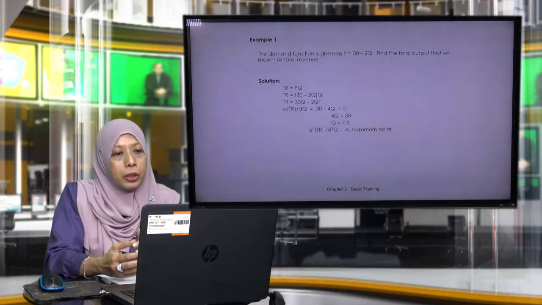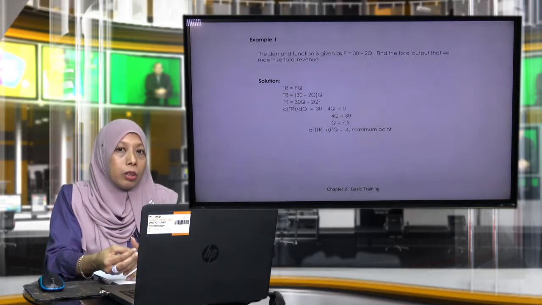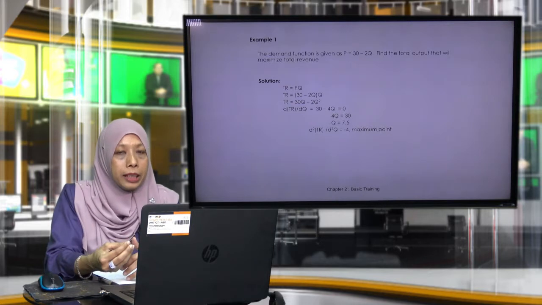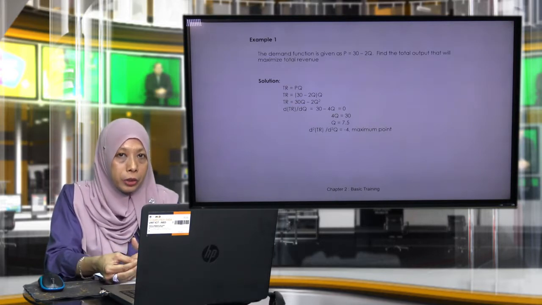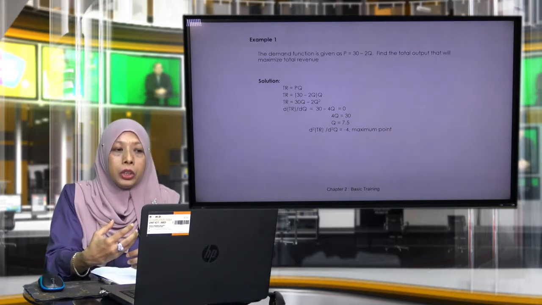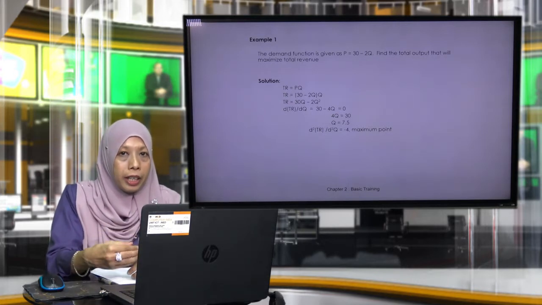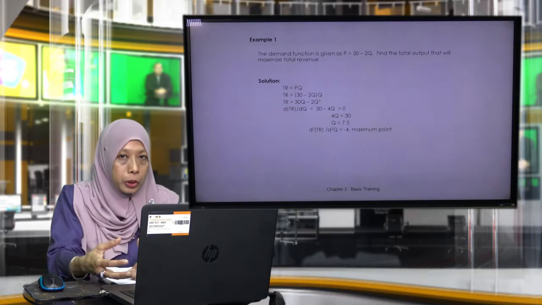Now you as a manager are required to find the amount of output that will maximize total revenue. This is a managerial problem, because your main objective here is to maximize total revenue, and you want to identify how many outputs to produce.